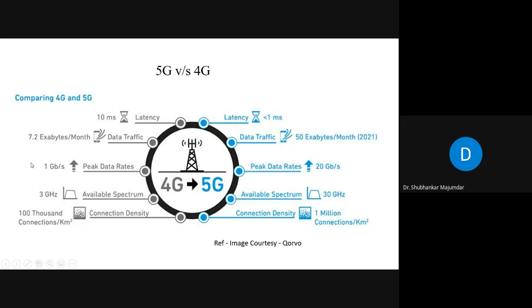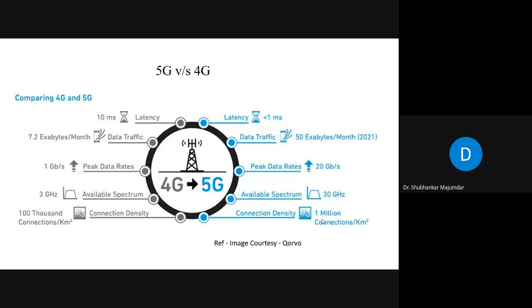So the connection density also increases. In 4G, only 100,000, like 1 lakh devices can be connected, and in 5G, like 10 lakh devices can be connected in a square kilometer. So this is the basic difference between 5G and 4G.